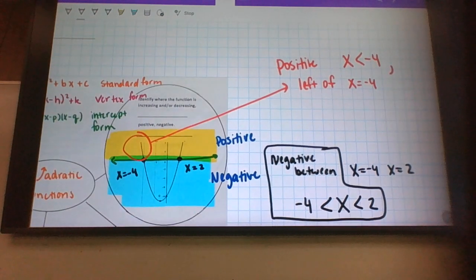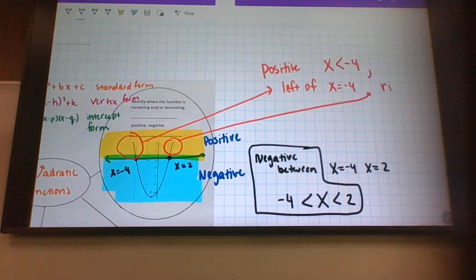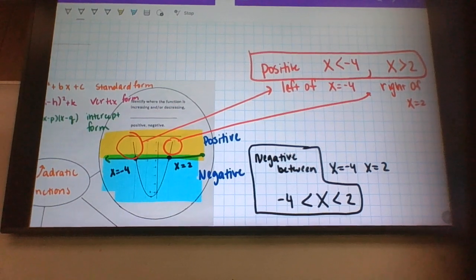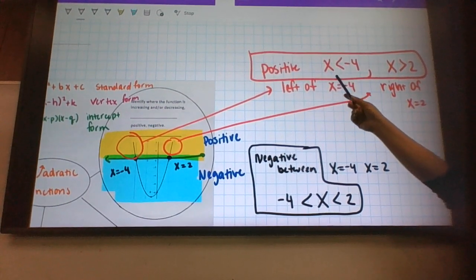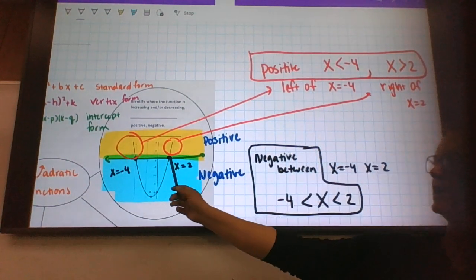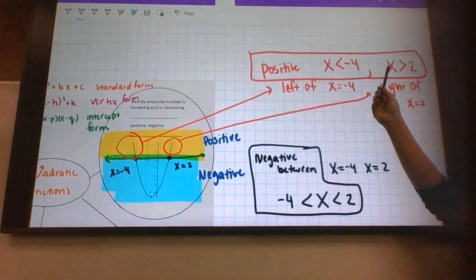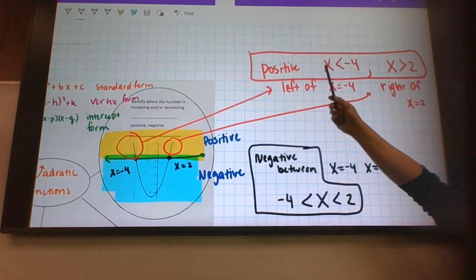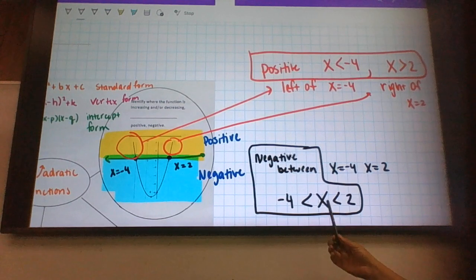It's also positive on the right side, right of x equals 2. The whole reason you spend so much time with inequality symbols before algebra is so that you can understand the shorthand way of describing these graphs. Where x is less than negative 4, and over here x is greater than 2. In the middle of those, it's negative.